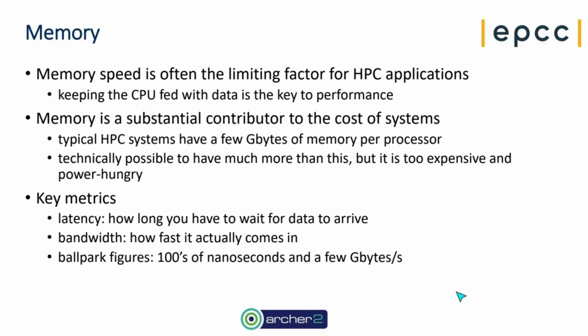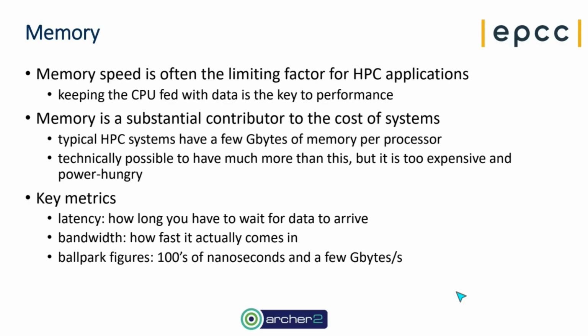In reality, memory performance is really the limiting factor for a lot of HPC applications. It's not the floating point units. So keeping the CPU fed with data is the key to performance. And memory is a substantial contributor to the cost of systems. Our typical HPC systems only have a few gigabytes of memory per core, and the reason for that is not a technological limit.